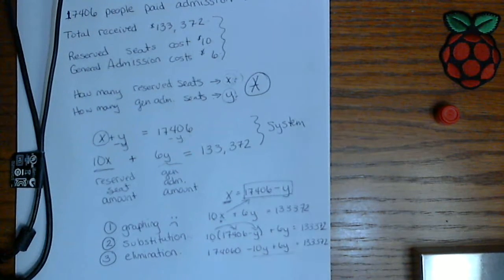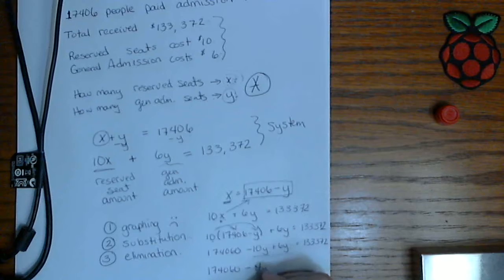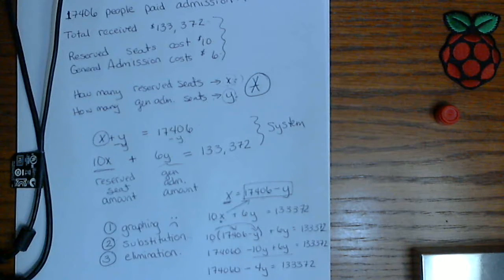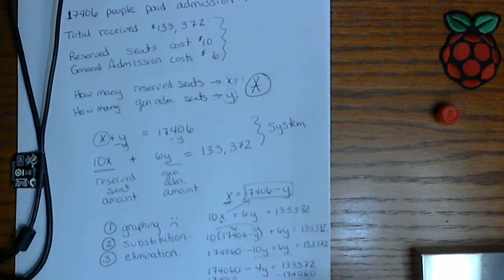Here I have like terms, so I'm going to copy everything down that I've had before, minus 4y equals 133,372 again. Now I'm going to subtract off the 174,060 from both sides, and I'm going to find out that a negative 4y equals this minus that.